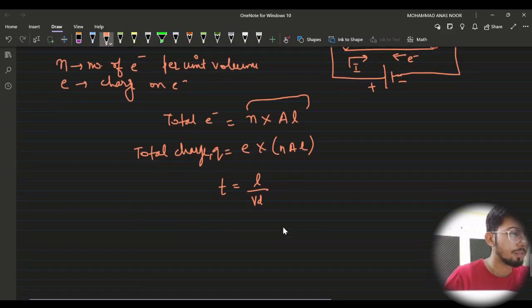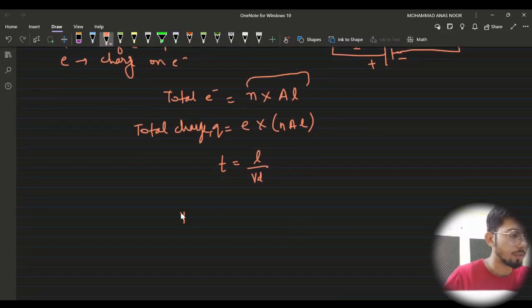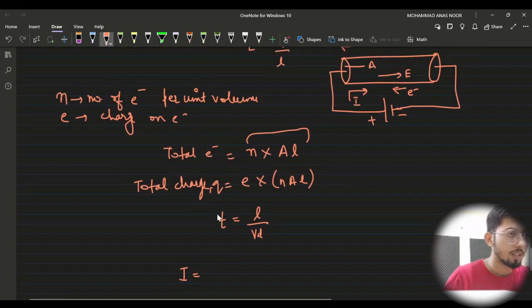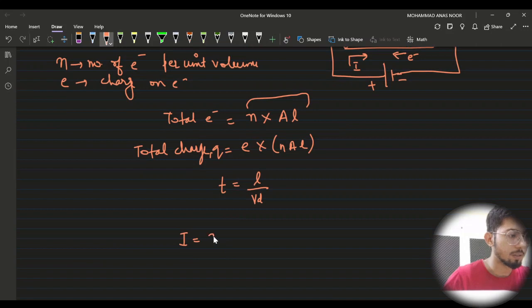Now further, the current in the circuit is I equal to Q by T, right? Now what is Q? We've just found that Q is neAL. Although you don't need to remember the derivation, we are doing it anyway.